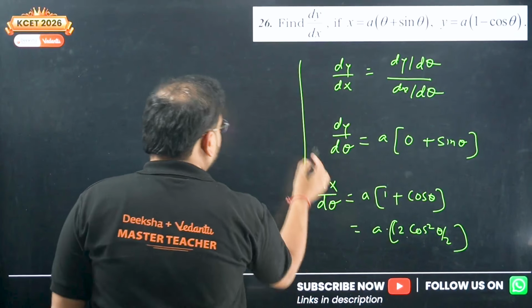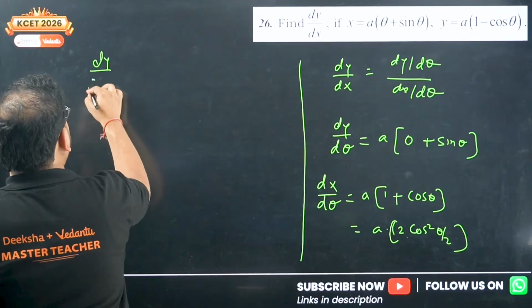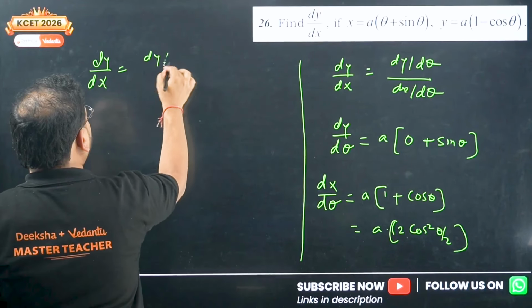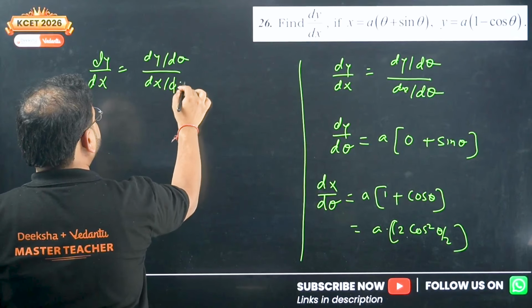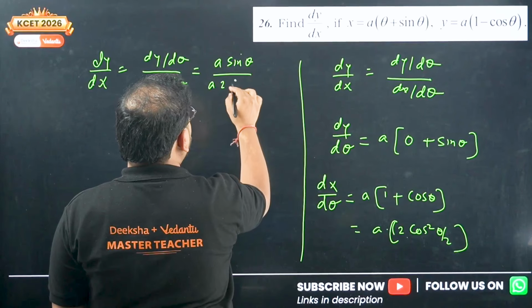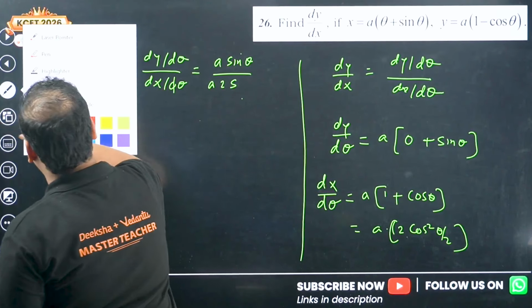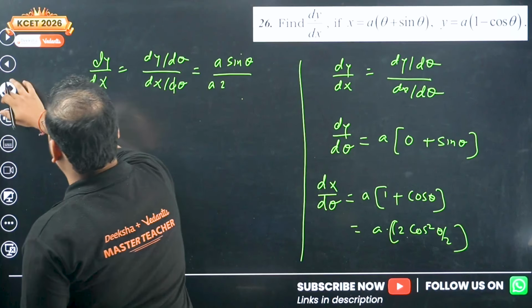Now continue. I'm looking for dy by dx, so there will be what? Dy by d theta upon dx by d theta. What is it? A sine theta divided by a into 2 cos square theta by 2.